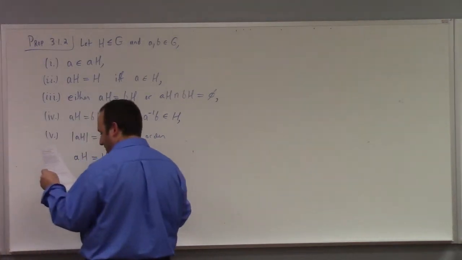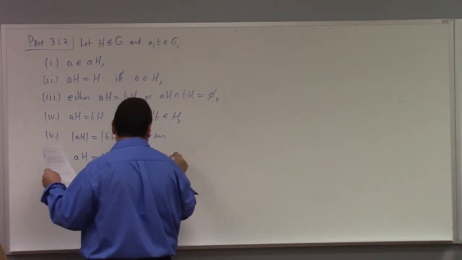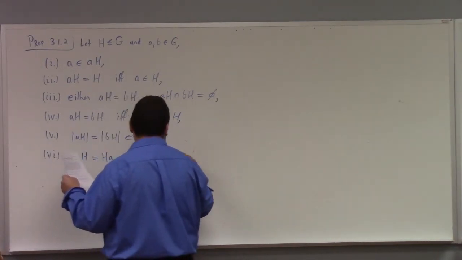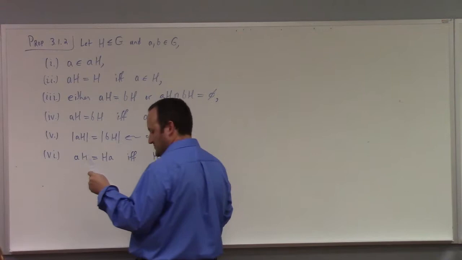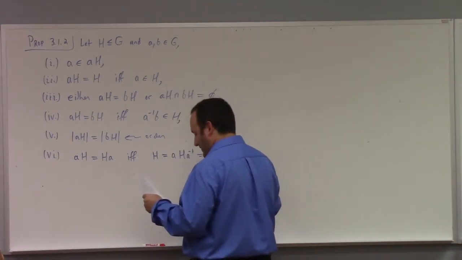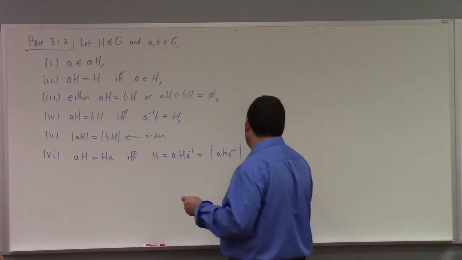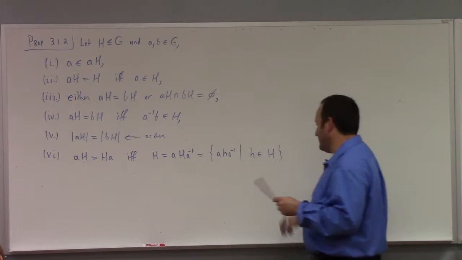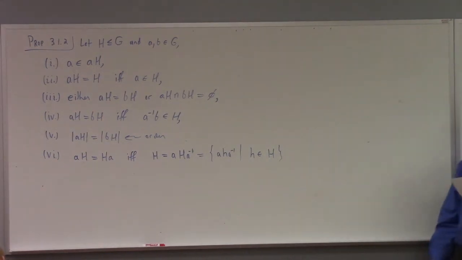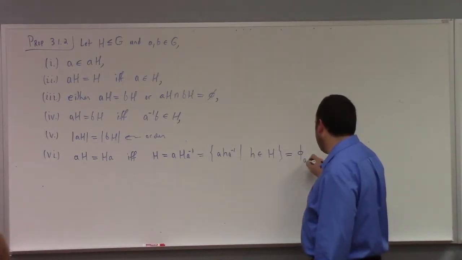Point 6, aH is equal to Ha if and only if H is equal to aHa inverse, where I define aHa inverse to be that. The natural thing, okay? I mean, you conjugate by a. It wouldn't be wrong to say that this is the forward image of the conjugation map by a.